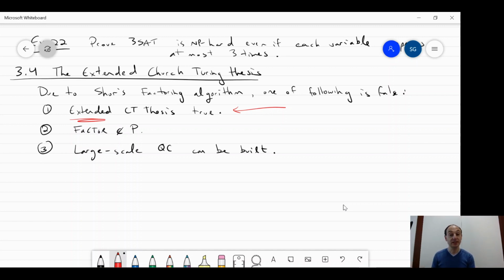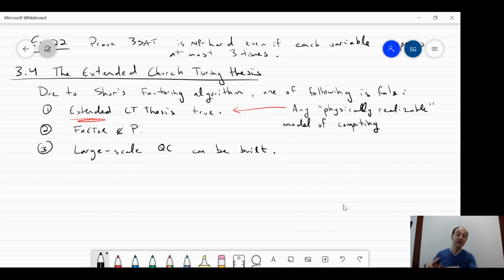And that's essentially the extended Church-Turing thesis, which basically would say the following. So any kind of reasonable, or I'll use the words physically realizable, model of computing. And of course, I say physically realizable because the mechanical process I start with for this thesis shouldn't be some mumbo jumbo I just made up on the spot. In principle it's possible, but in practice it'd be impossible to actually build this thing. That's just silly.